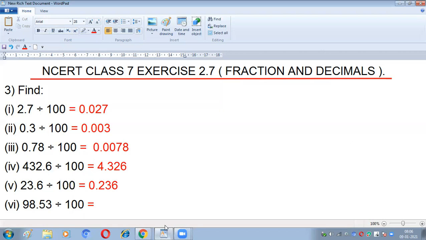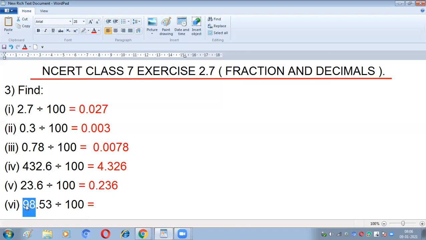All right, let's proceed to the sixth bit. Friends, the sixth bit is 98.553 divided by 100. Here are two zeros after one, so we will remove two digits from the left-hand side before the point.